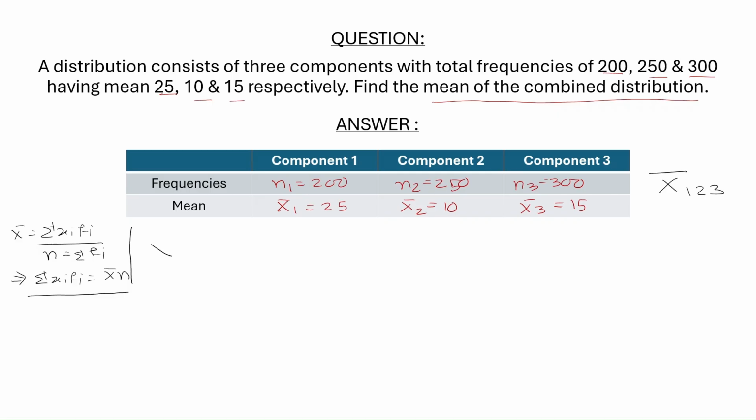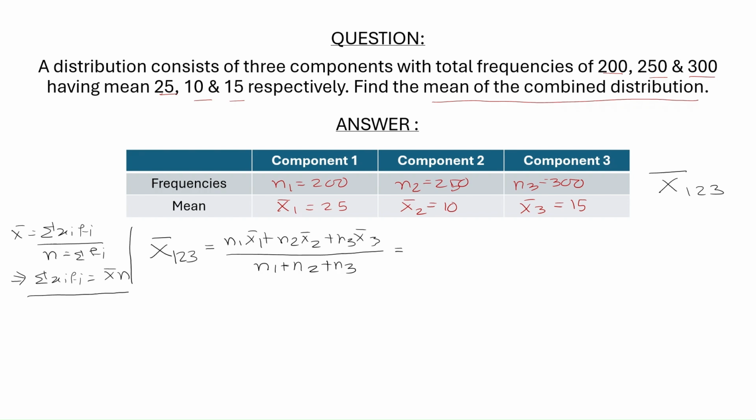So the combined mean, that is capital X bar 1, 2, 3, will be equal to n1 x bar 1 plus n2 x bar 2 plus n3 x bar 3 divided by n1 plus n2 plus n3.